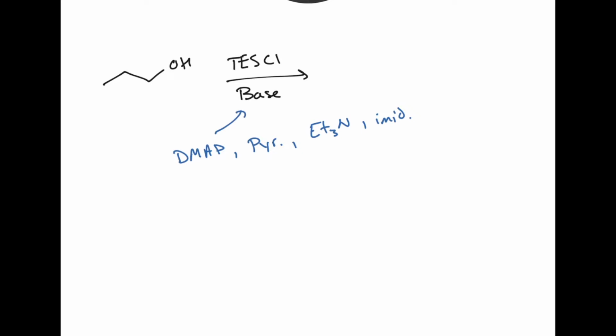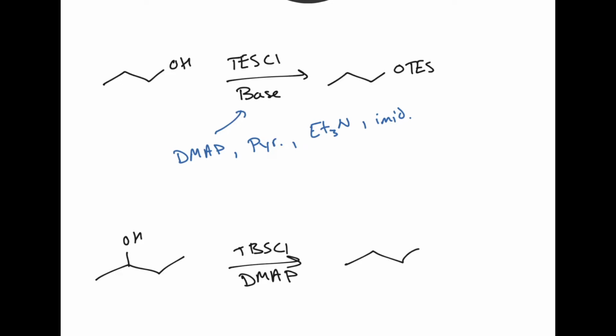For us, all of these bases are going to be interchangeable, right? So there's not going to be a right answer for what to pick for a given protecting group. You can use any of them. And that's just going to put your protecting group on. So you've got your alcohol, you've got your TBS chloride, and let's say DMAP. And it's going to put a TBS group on your alcohol.